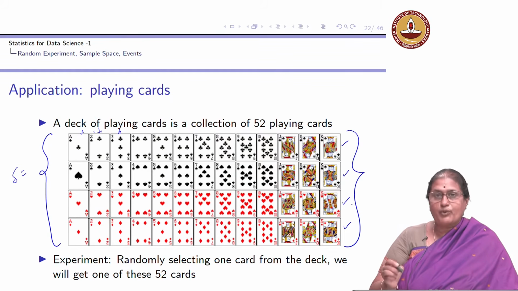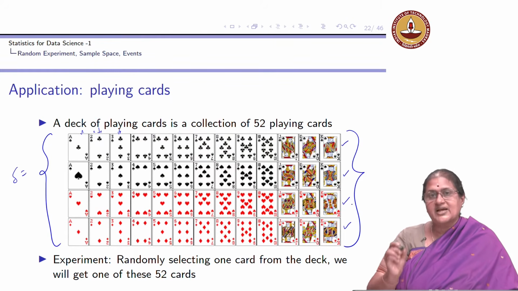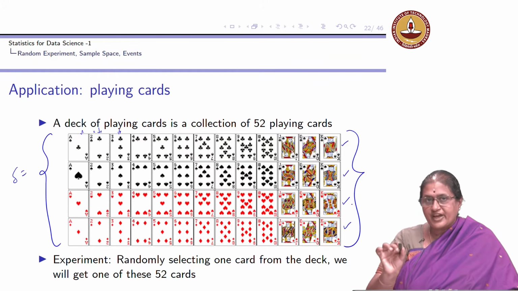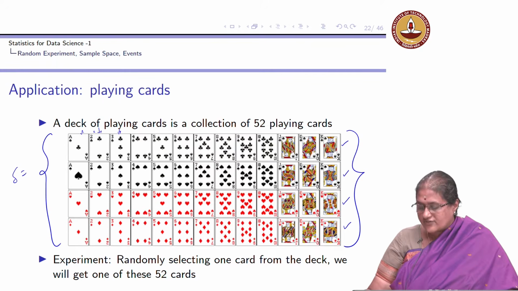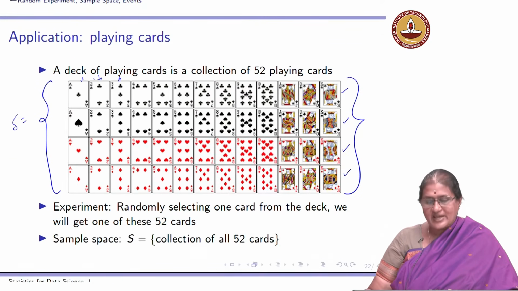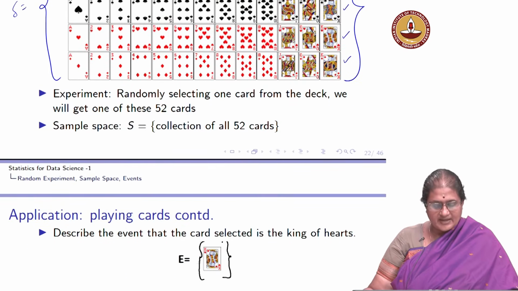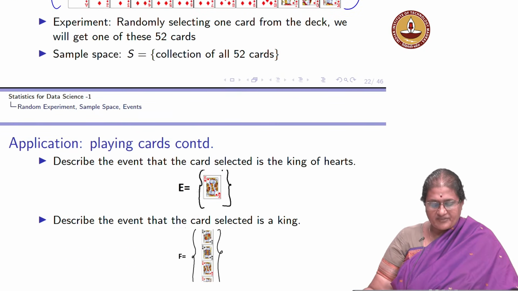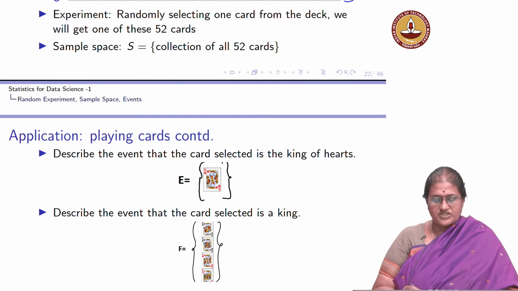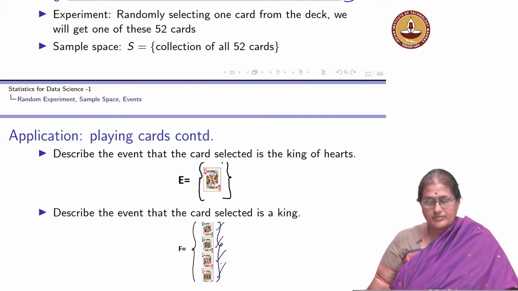So, the set of possible outcomes which favor the statement that the card selected is a king are any one of these 4 outcomes. So, my event that the card selected is a king will have these 4 outcomes: king of clubs, king of spade, king of hearts and king of diamonds.